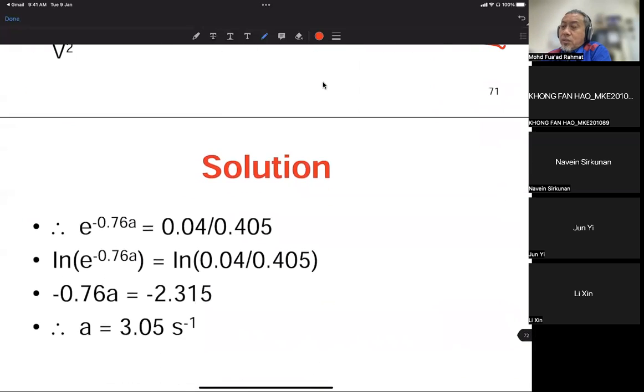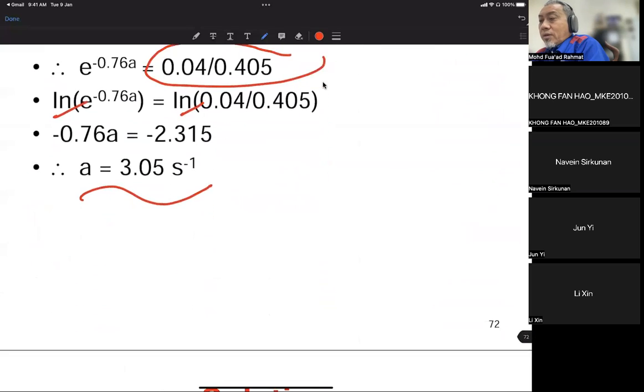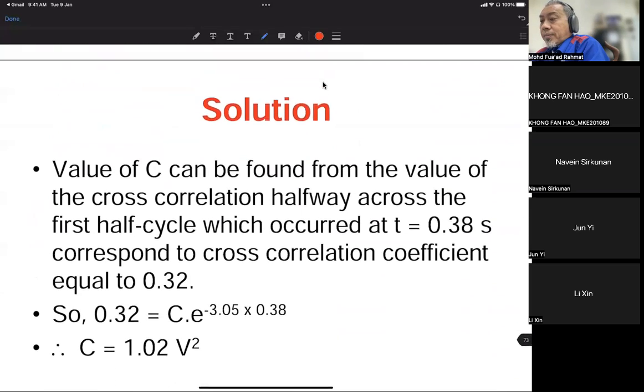So you take the ratio 0.04 divided by 0.405 equal to exponent minus 0.76A. Then use natural logarithm on the left and right, so you can find the value of A as 3.05 per second.